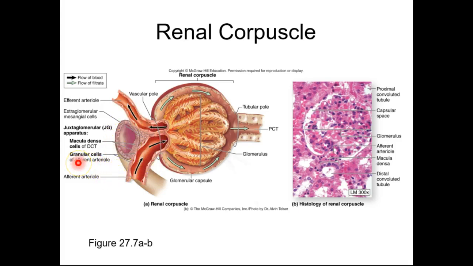So you have the macula densa cells of the DCT, the granular cells of the afferent arteriole that are going to release renin and help with that myogenic feedback system, also extraglomerular mesangial cells, and their contact with the afferent and efferent arteriole. So this whole thing is the apparatus right here.